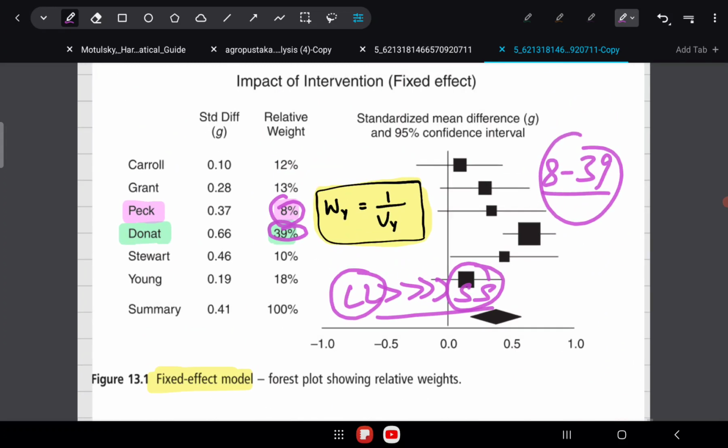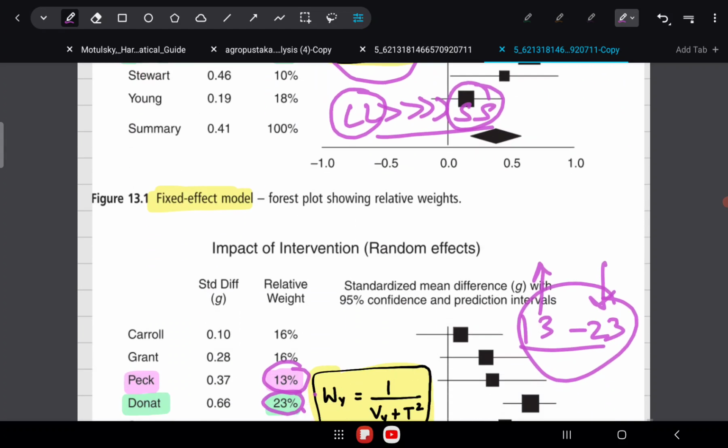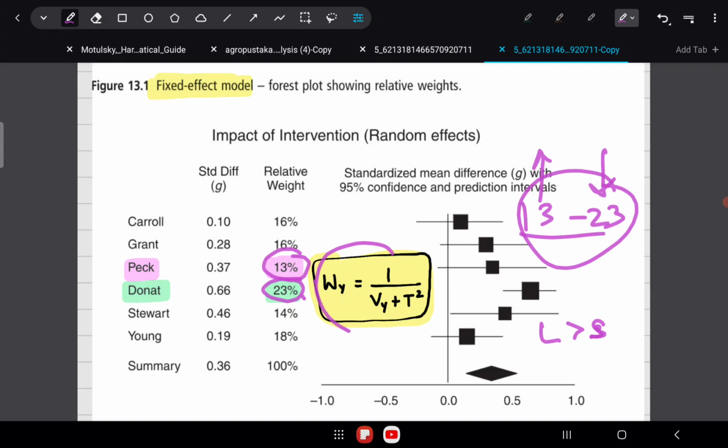This is what I have shown here: the weight in fixed effect modeling is the inverse of the within study variance. But in random effect modeling, it is the inverse of the within study variance as well as the between study variance. And it is simply due to this formula that the distribution of weights has changed so much. It has become more balanced, because for every study you compute the weight and put this number in.